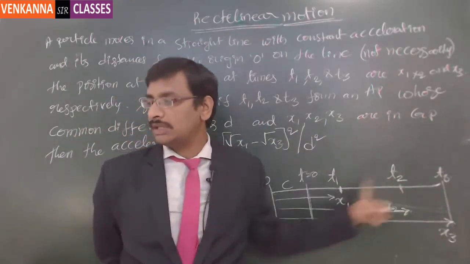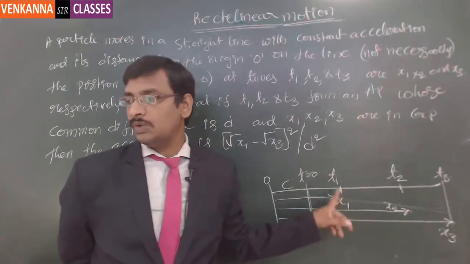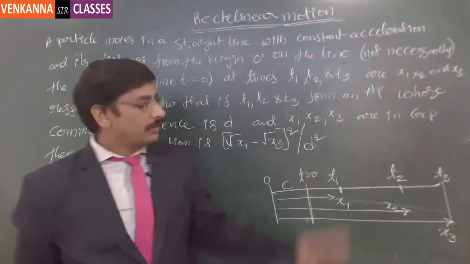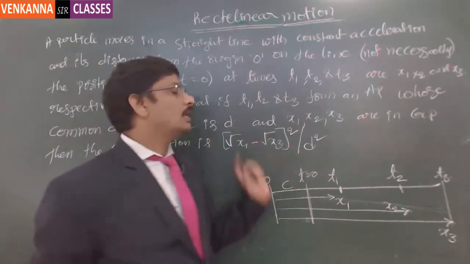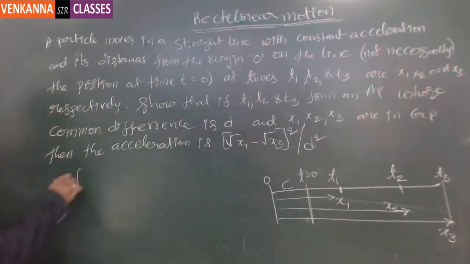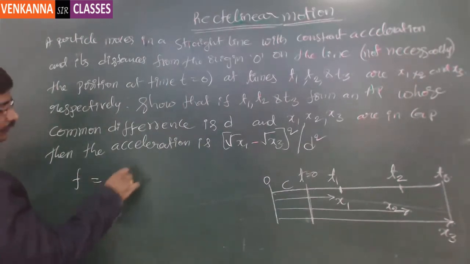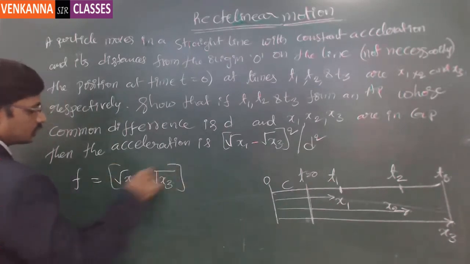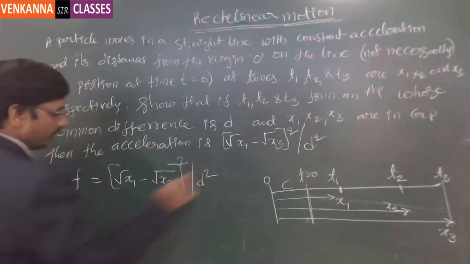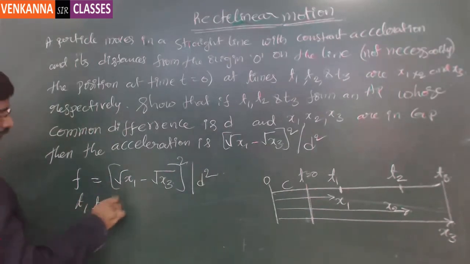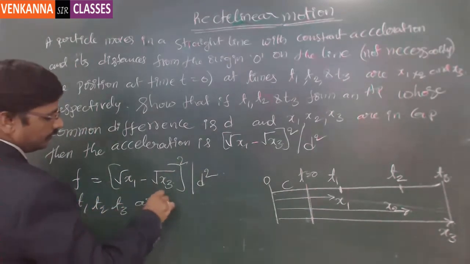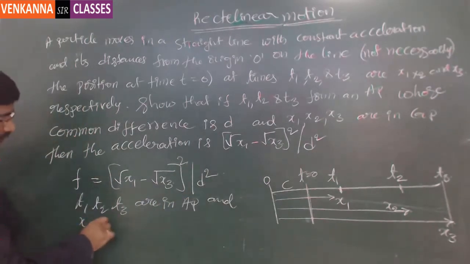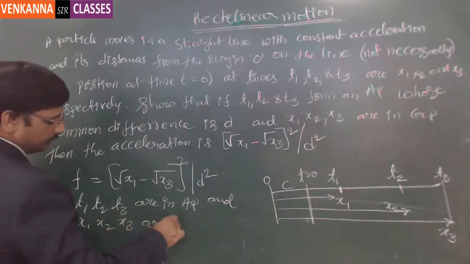So t1, t2, t3 are the three different times where he noticed the particle is at x1, x2 and x3. Got it? Based on this understanding, he asked us to find the acceleration and prove that f is equal to (square root of x1 minus square root of x3) whole square divided by d square, where t1, t2, t3 are in AP and x1, x2, x3 are in GP.